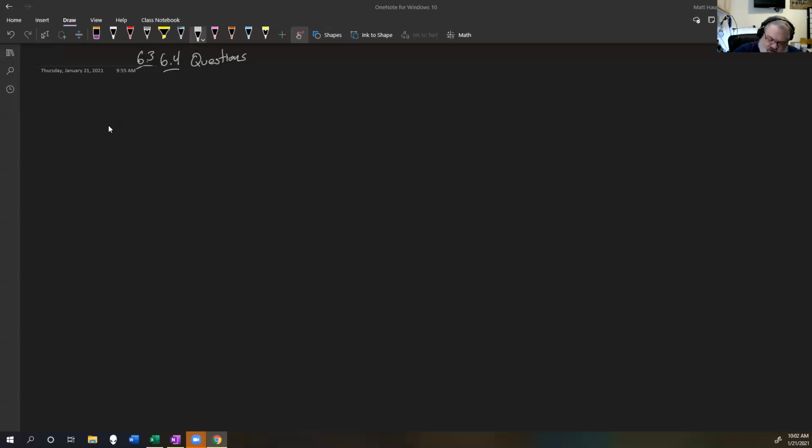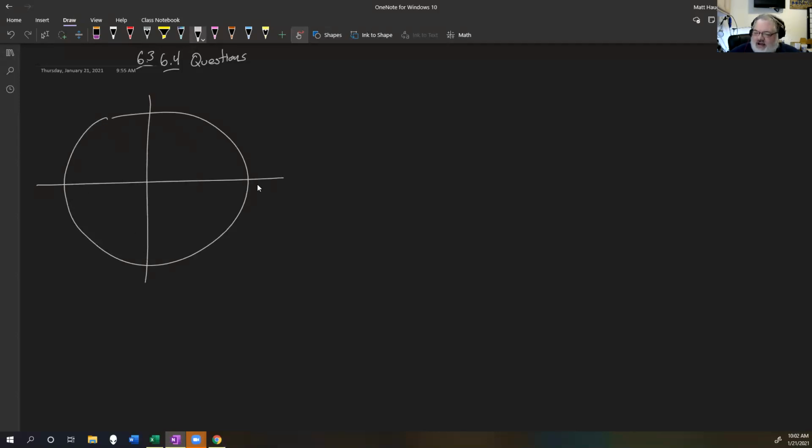So let's say we've got an angle at 210 degrees. So 210 degrees is down there somewhere, where this angle theta is equal to 210 degrees.